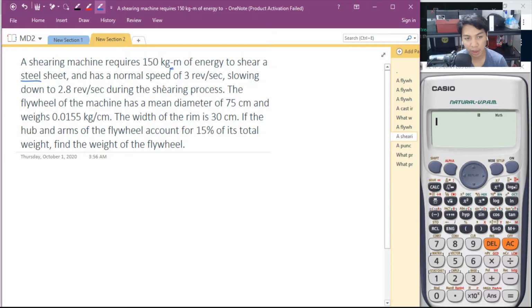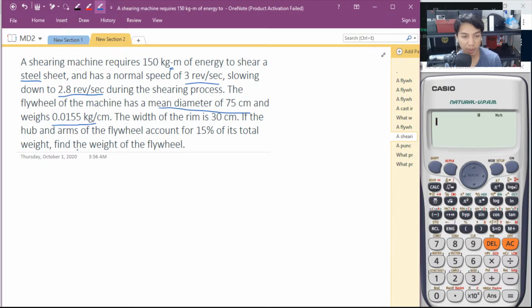It has a normal speed of 3 revolutions per second, slowing down to 2.8 revolutions per second during the shear process. The flywheel of the machine has a mean diameter of 75 cm and weighs 0.0155 kg per cm.